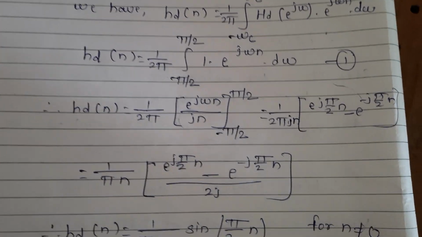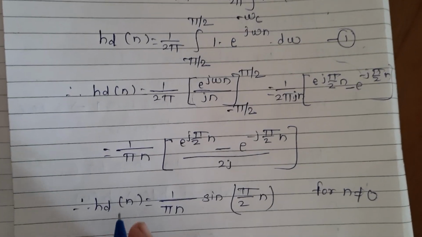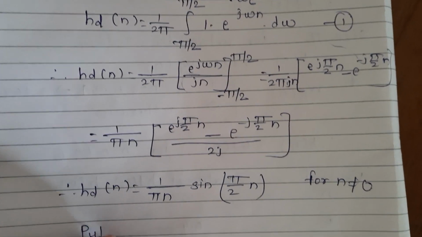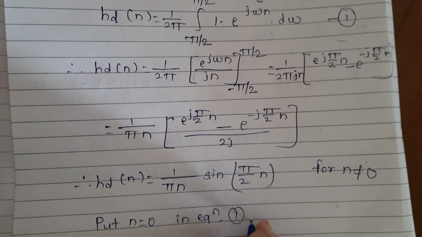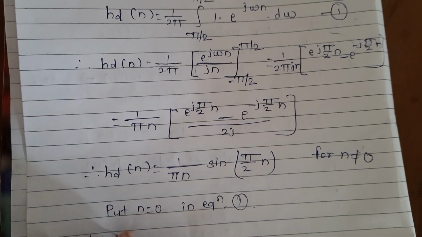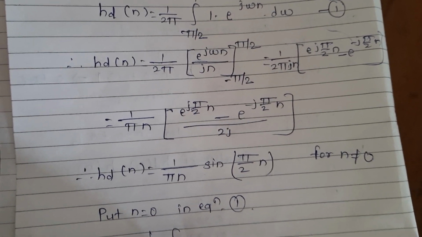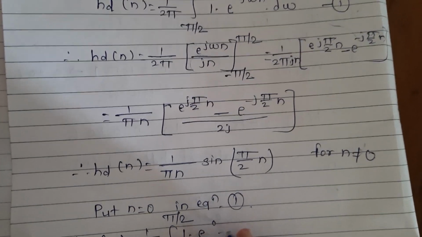Now to obtain the value for n equal to 0, put n equal to 0 in equation 1. Therefore hd of n is equal to 1 by 2 pi integration from minus pi by 2 to plus pi by 2 of 1 into e raised to 0 d omega.